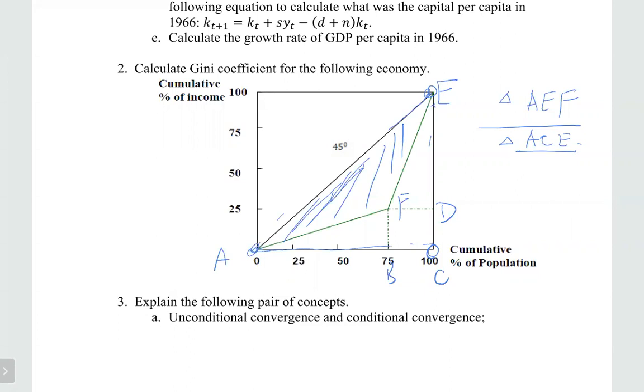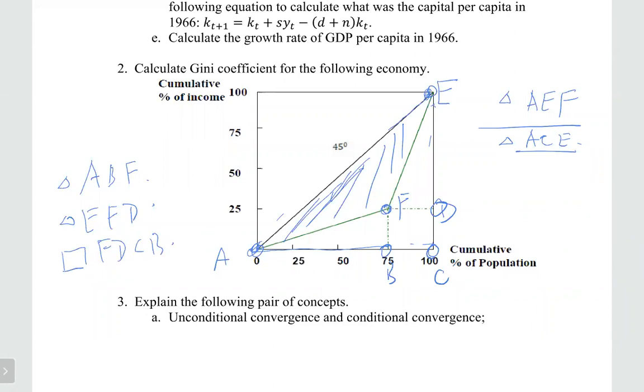Once you find this big triangle, now you find the region of this one, or you find the three things: triangle ABF, triangle EFD, and this, which looks like a square, FDCB.